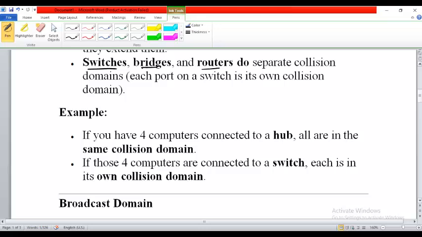Say, for example, here what they have written. If you have 4 computers connected to a hub, all are in one common collision controller. That one common collision controller has to take responsibility for avoiding collision.